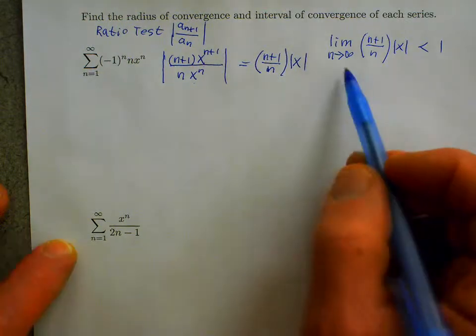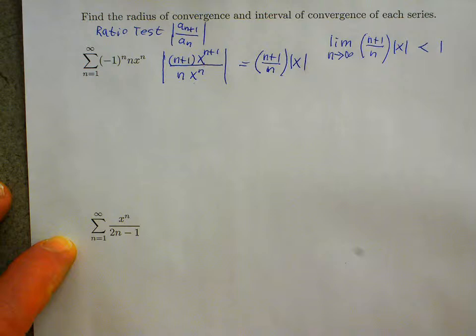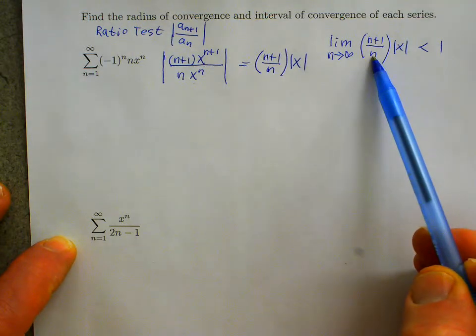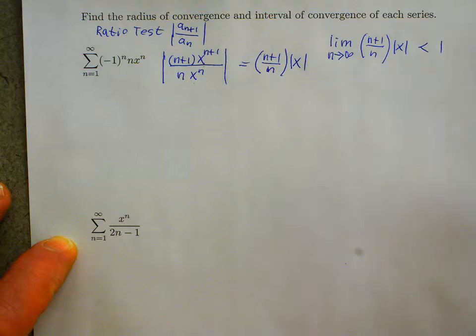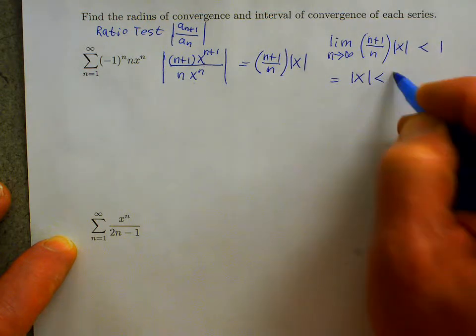So the limit of n plus 1 over n times the absolute value of x is how much? Well, the limit of n plus 1 over n is 1. So we get the absolute value of x is less than 1.